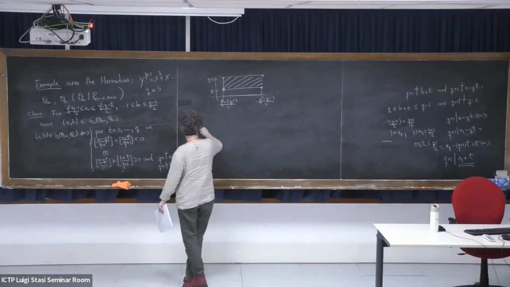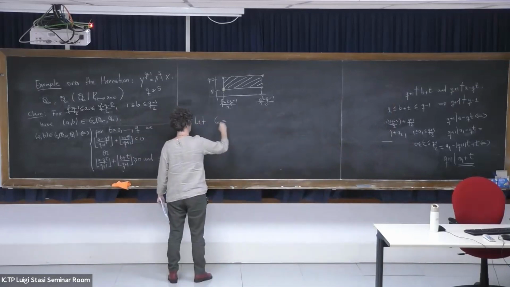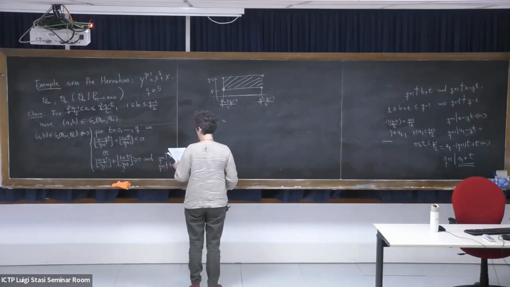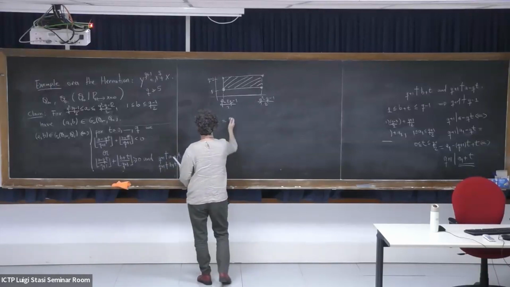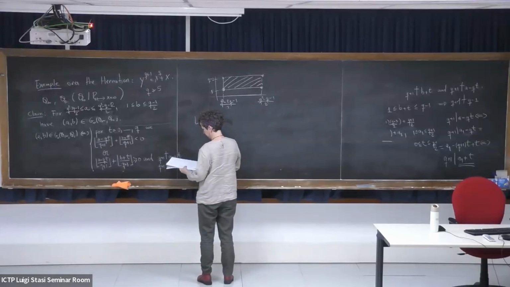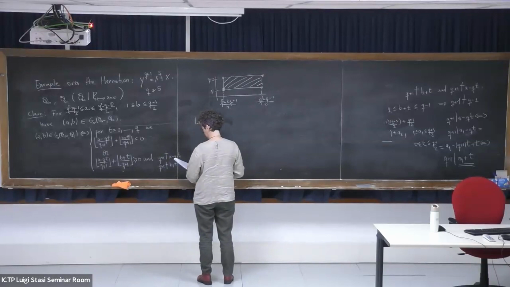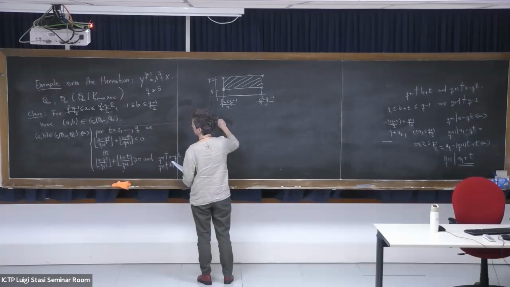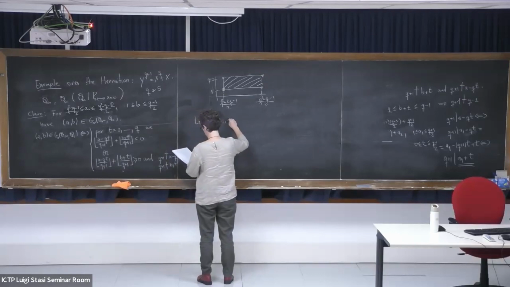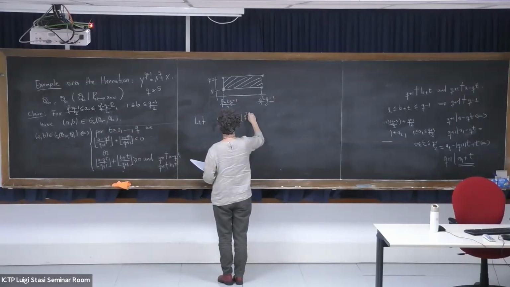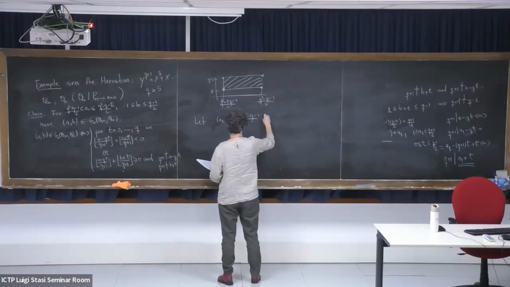Okay, so now you just let G be alpha 1. So okay, let's do this. So this will be just (q squared minus 2q minus 1) over 2, 1.